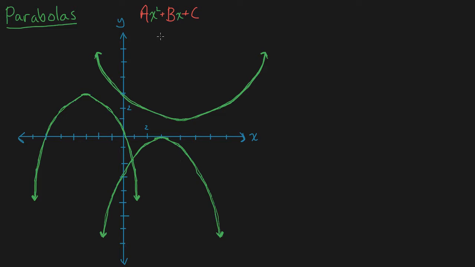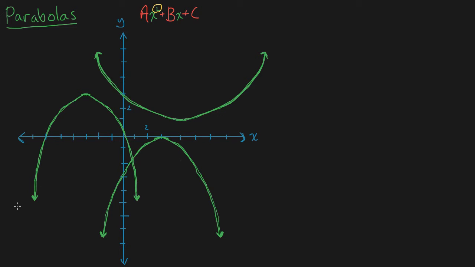The important thing for something to be a parabola is that we have this x squared term right here. This is what will make it a parabola, that we're taking our variable and we're squaring it. We can have a parabola without a linear term and without a constant term, but we have to have a squared variable here in order for this to be a parabola.